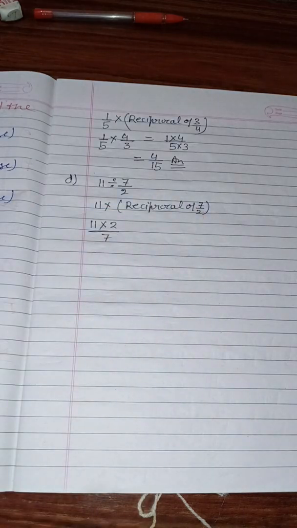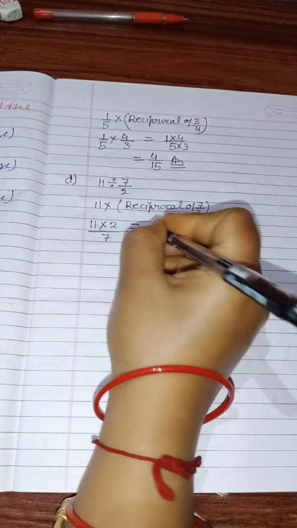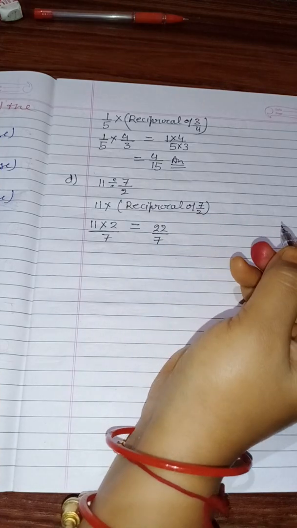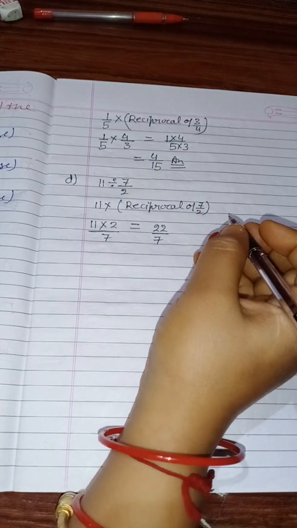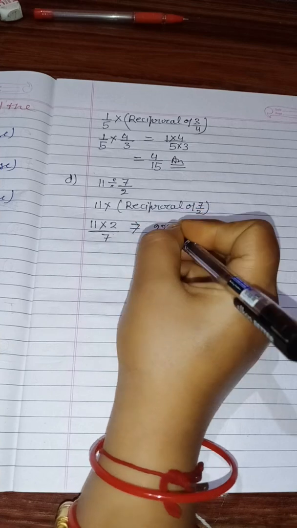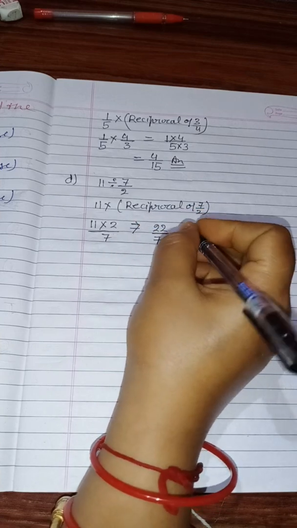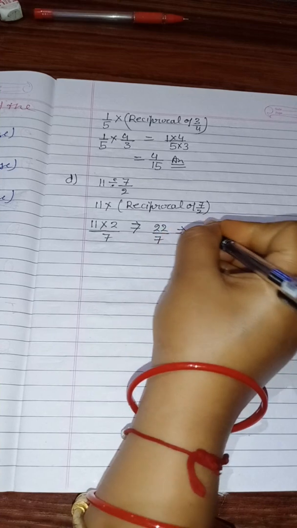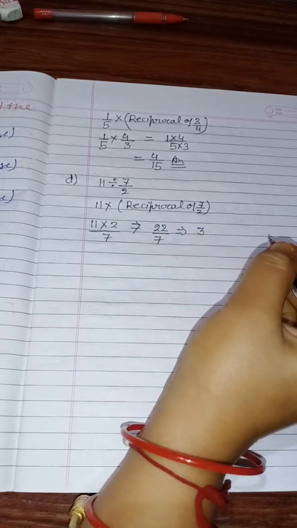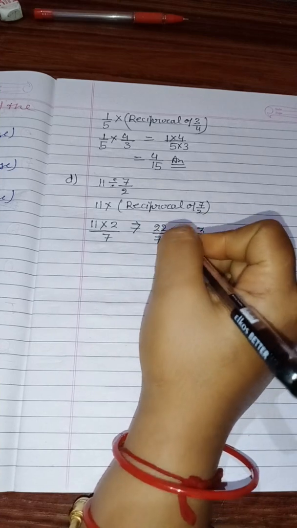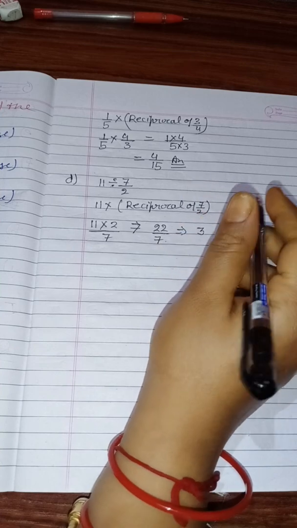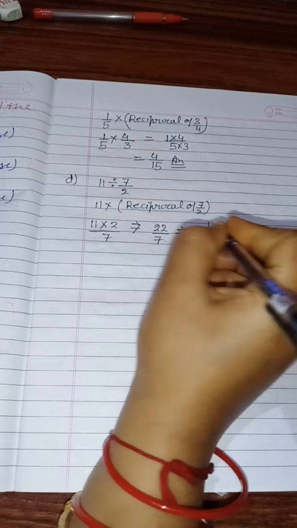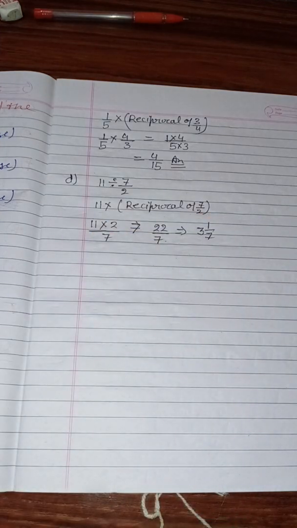In this way we can write it. So 11 times 2 is 22/7, and 22/7 will be your answer. Or if you would like, you can write it as a mixed fraction. 7 times 3 is 21. If we subtract 22 minus 21, how much remains? 1. So 3 1/7 will be your answer.